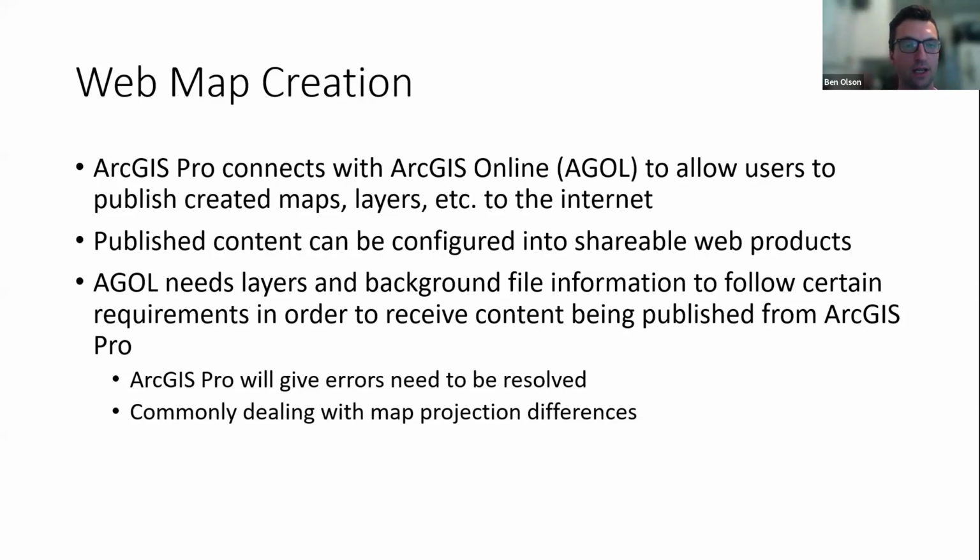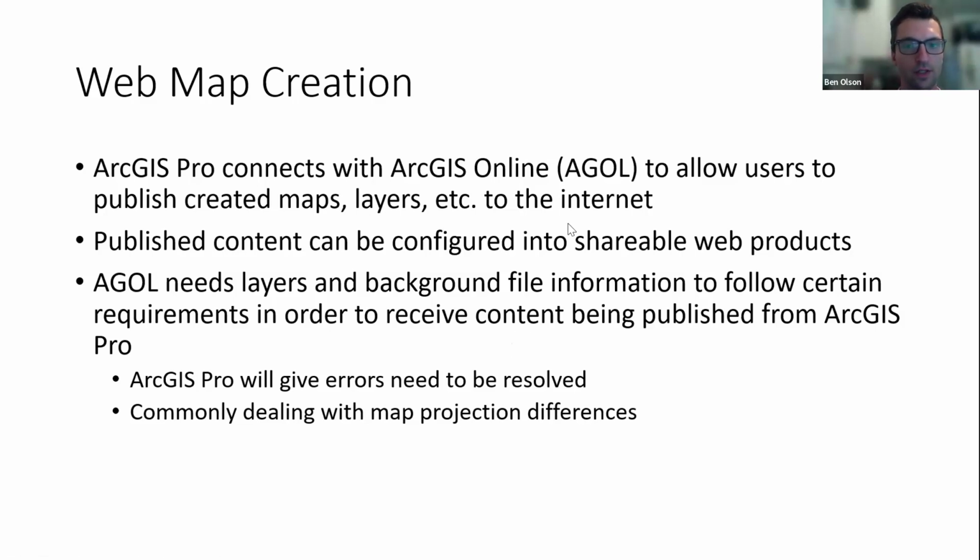But we're just going to walk through the process for how that happens as a way to wrap up the activity here. So ArcGIS Pro is the software we were just in. This connects with ArcGIS Online to allow users to publish created maps and layers that can then be configured into shareable web products.